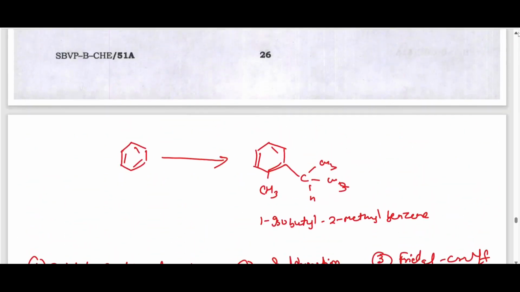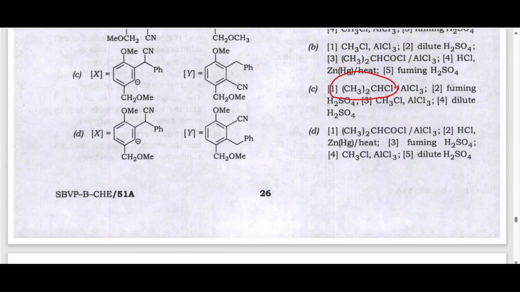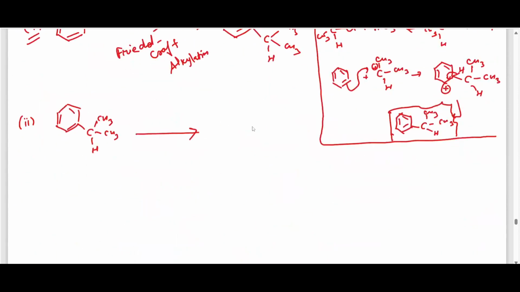See, in this case, in the presence of fuming sulfuric acid. Okay, so this is also electrophilic substitution reaction and will generate sulfonic acid group at this position.